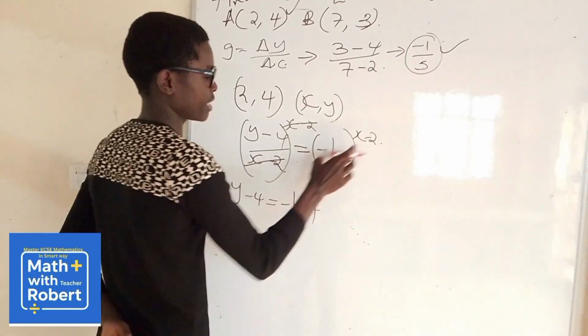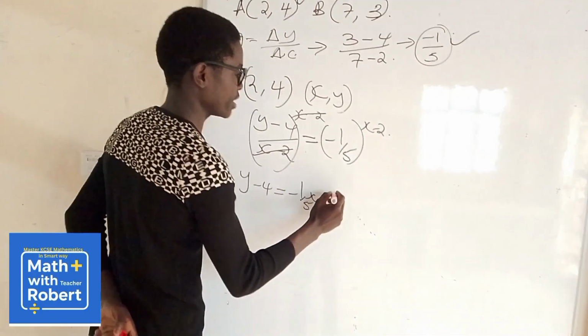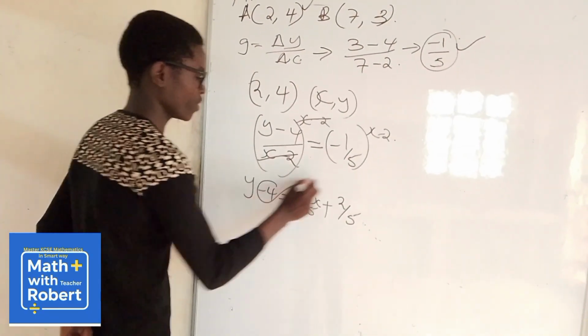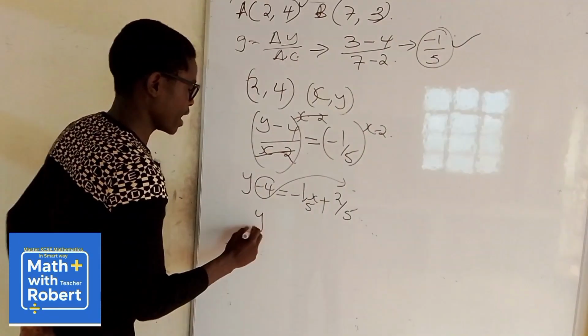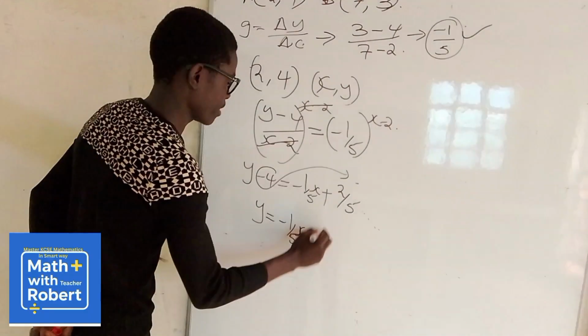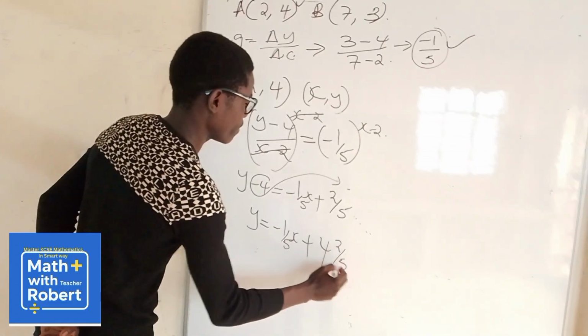Negative times negative is positive, so negative a fifth times 2 is 2 over 5. This one will go to the other side. So y is equal to negative a fifth x plus 4 whole number 2 over 5.